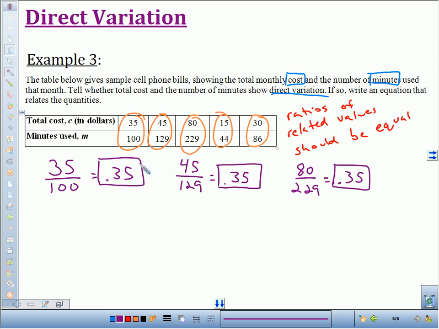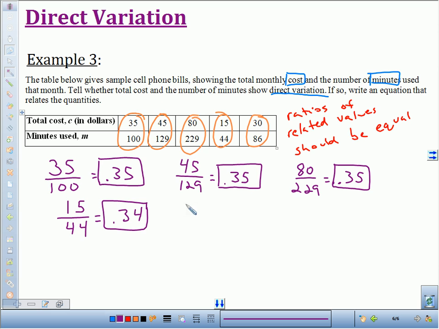Notice the pattern here. These ratios so far are all the same. I have 15 to 44, and that gives me a ratio of, this time, about 0.34. But that's still pretty close to 0.35, so we'll let that slide.